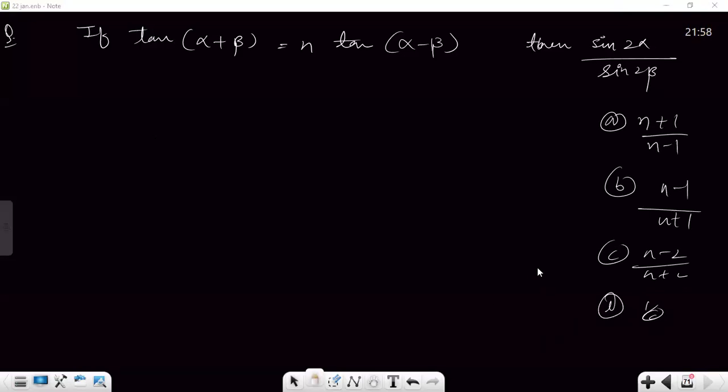So, okay, let's find out. Let's assume values of alpha and beta so that we can find the value of n.